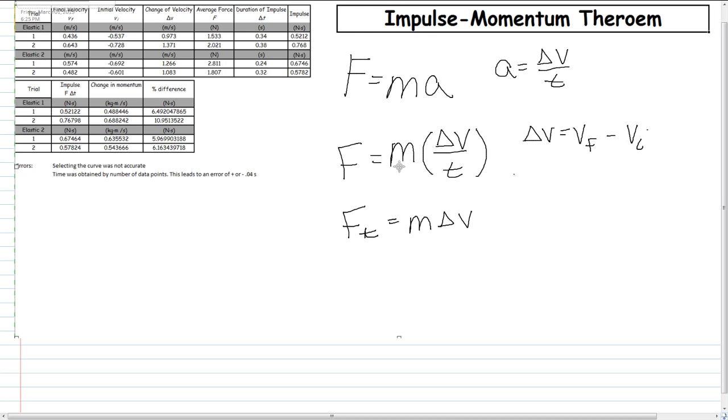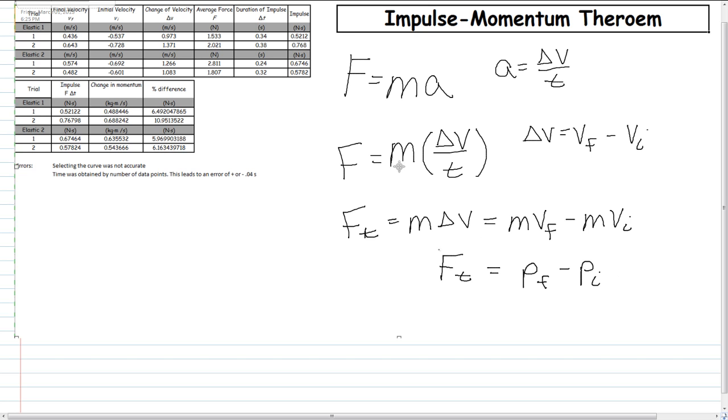Now if I distribute the mass, then force times time is going to be mass times my final velocity minus mass times my initial velocity. And here I have final minus initial again, and mass times velocity equals momentum. So this is going to be final momentum minus initial momentum equals my impulse, or force times time.